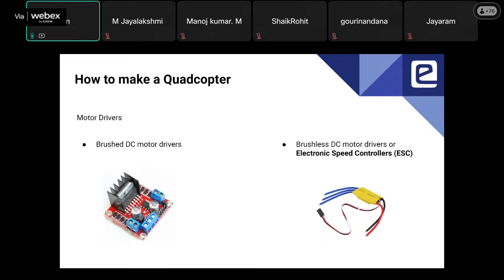These control signals can be PWM signals, or if you dive deeper into drones later on, they can be DShot signals. That is a common type of signal used for controlling the ESCs of drones. So we commonly use these brushless motors and electronic speed controllers.